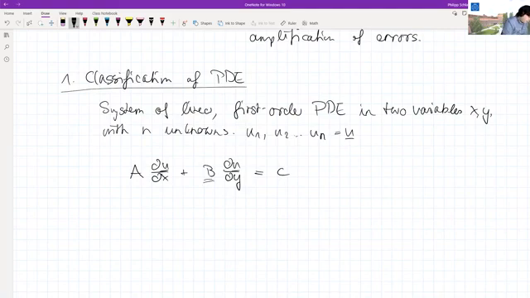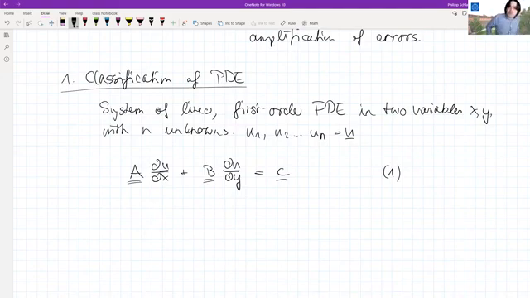And I can make 2 lines under A and B to indicate that this would correspond to a matrix. Of course, then on the right-hand side, I will also have a vector. So it's a matrix A multiplied with the derivative in x plus a matrix B times the derivative in y equaling a vector C. Okay.